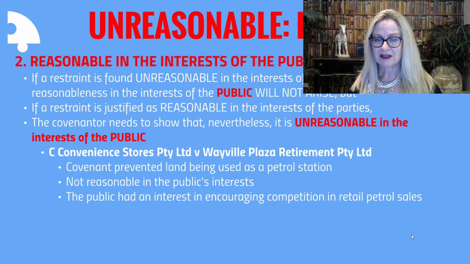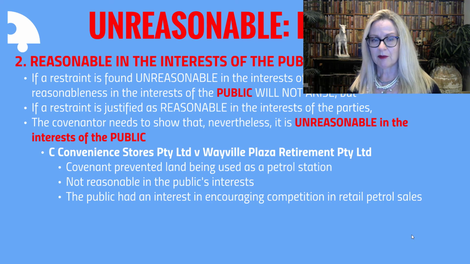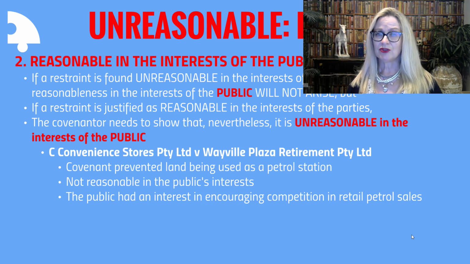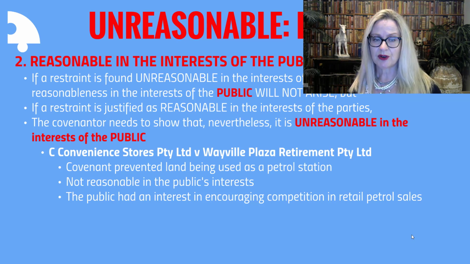So in that case, we had a covenant that prevented land being used as a petrol station. Possibly reasonable as between the parties, but not reasonable in the public interest, because as the parties seeking release from the restraint showed, the public had an interest in encouraging competition in retail petrol sales, and so therefore it was unreasonable in the interests of the public, and it was in fact void.